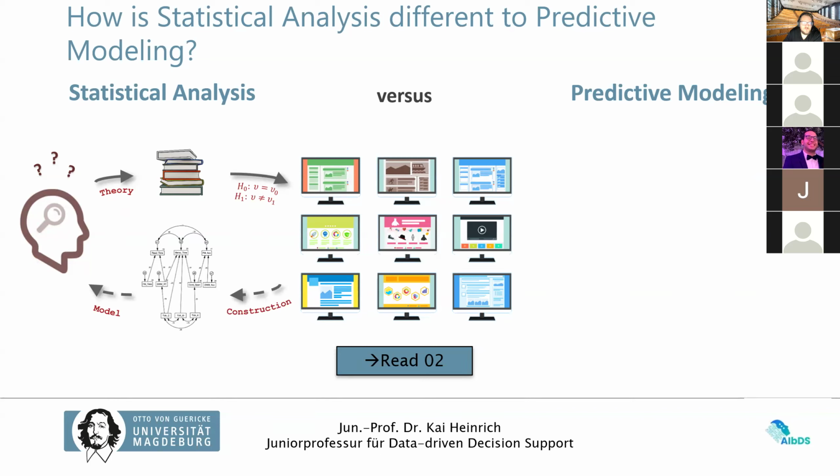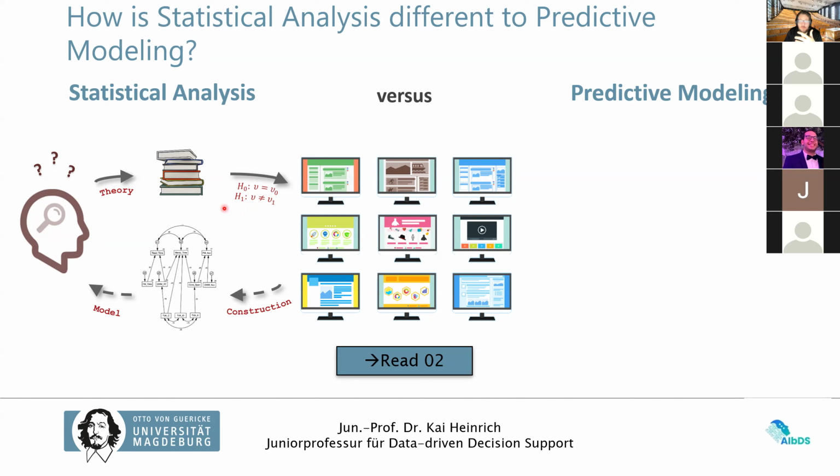Then we use the theory and the hypothesis to construct the model. If we have, for example, a linear regression, which I said is present in both worlds, statistical and predictive modeling, we need to select the features we put in. Here we deeply care about what we put in, because we want these features to have a meaning.